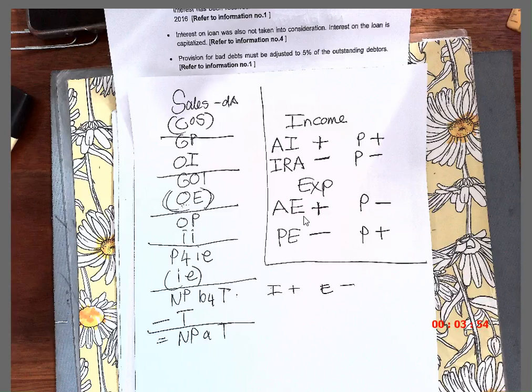Okay, so now let's remember that. Is everybody sharp with that? So with income, income plus, profit plus. Income minus, profit minus. Expenses, expense plus, profit minus. Expense minus, profit plus. Yes. And what is the other word for accrued expense?